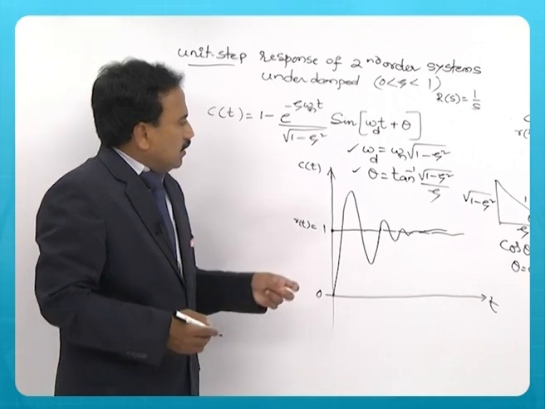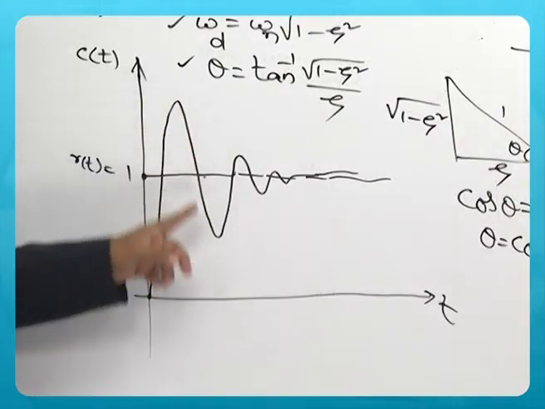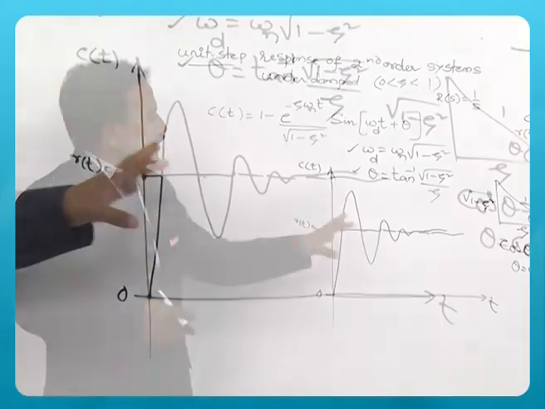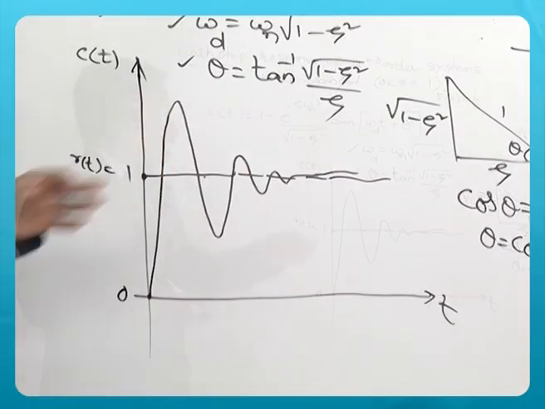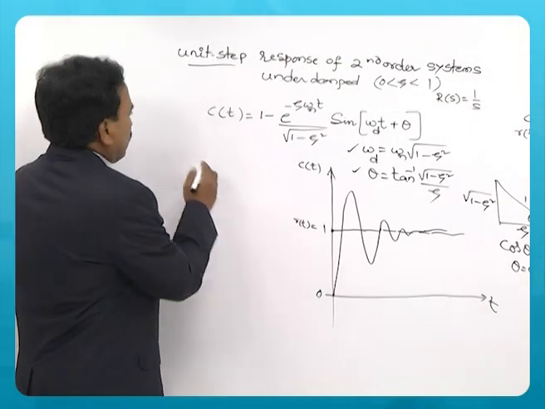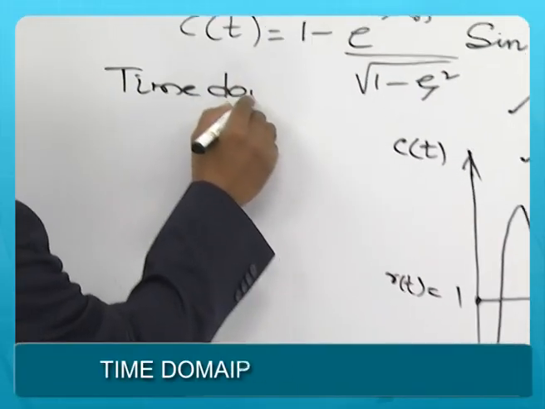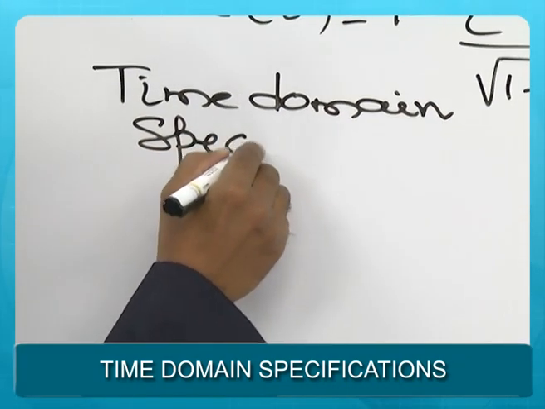If you see this particular signal, I say that it is an underdamped response, and what are the various time domain specifications we need to learn from this.